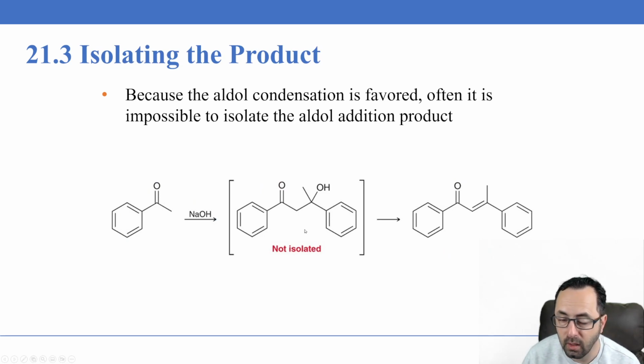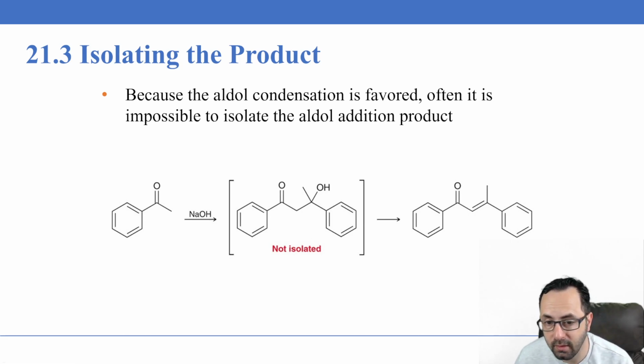Now, even when I say high temperatures, realistically, this is like room temperature where you get the follow-up of the elimination after you have the aldol addition. So the result is that you're not even going to see the beta hydroxy ketone here. Instead, this is going to go straight through and do the elimination right here.